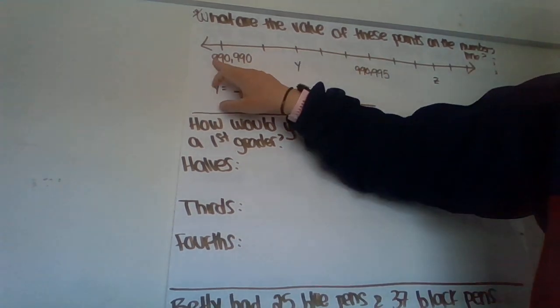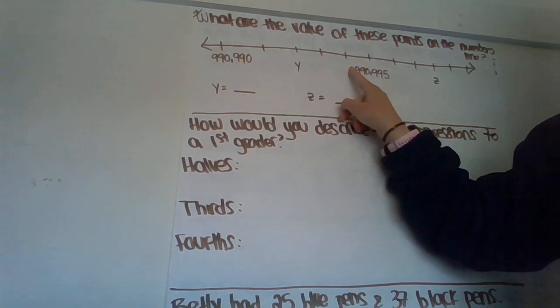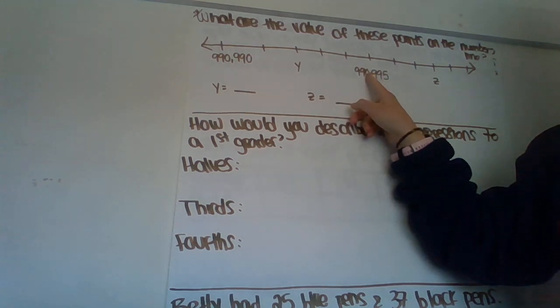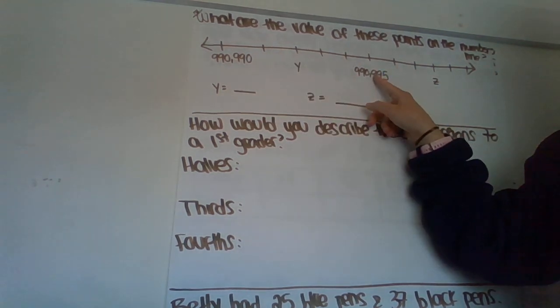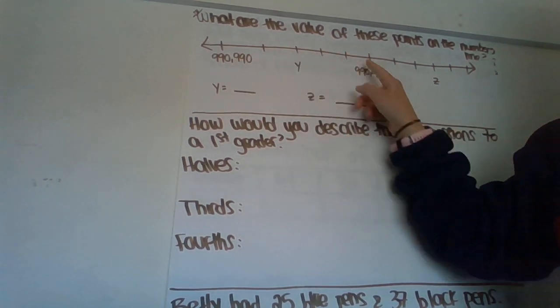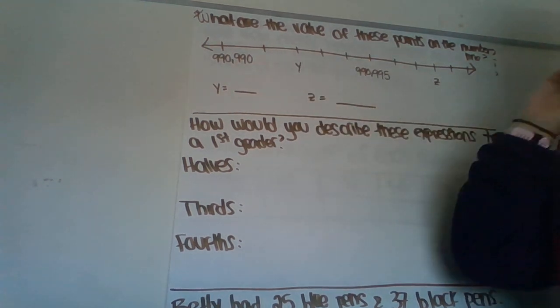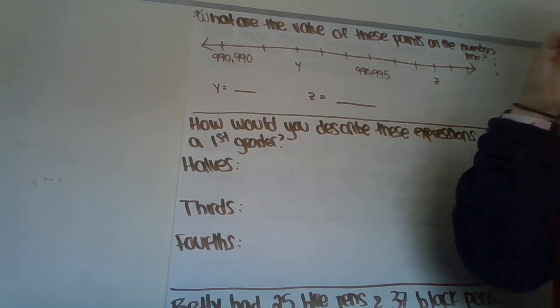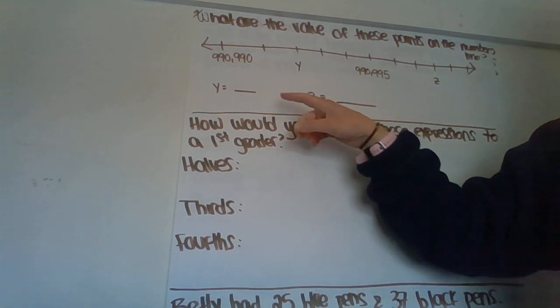I see that the hundred thousands are both nines, 10,000s both nines, thousands both zeros, hundreds both nines, tens both nines, and the ones are changing. So I'm going to see if I might be counting by ones.